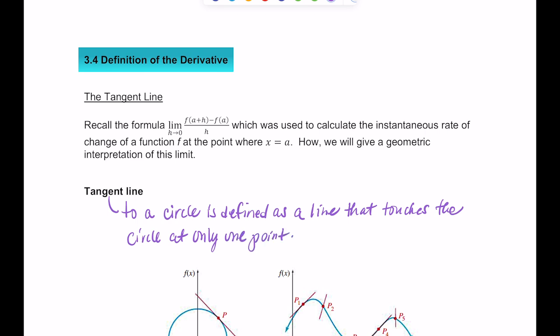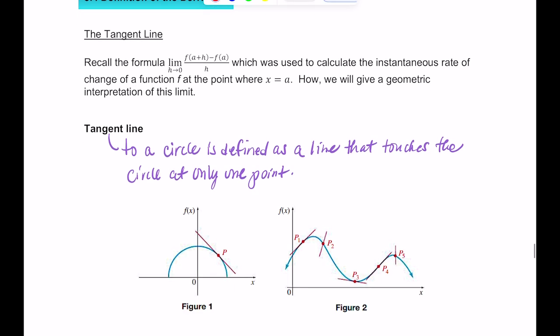And here's some visuals for you. Here's a semicircle, and you have this segment that's intersecting the circle in exactly one point, P. So we call that a tangent line. Tangent lines touch the circle or the curve once, and they also indicate the direction of that curve.